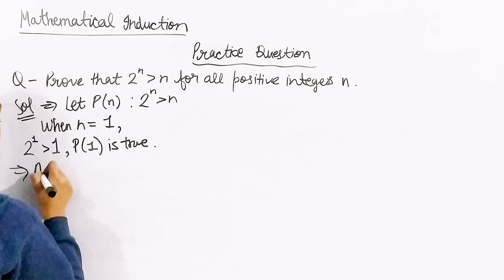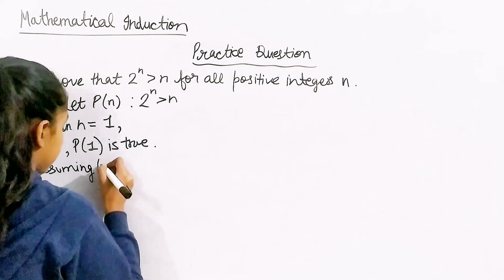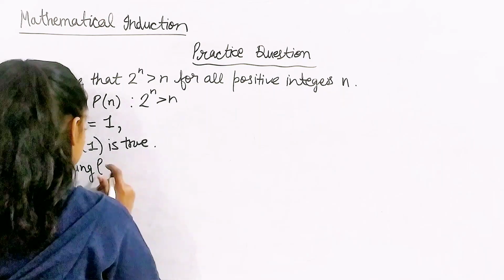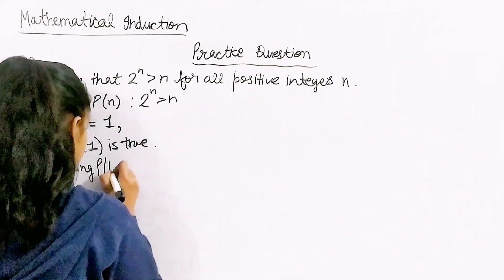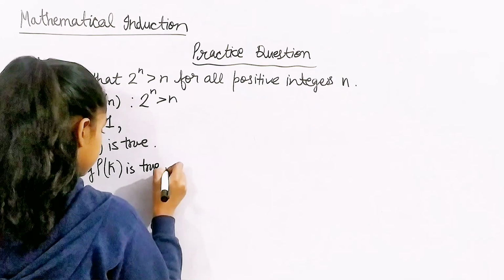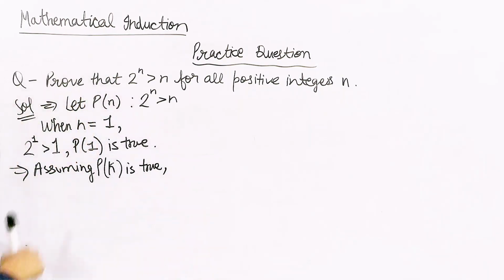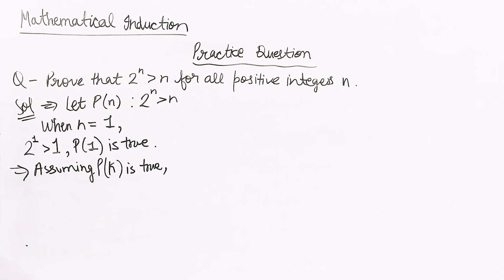So we're assuming that P(k) is true. Okay? So we're assuming P(k) is true. Now, for the positive integer k, let me write it.